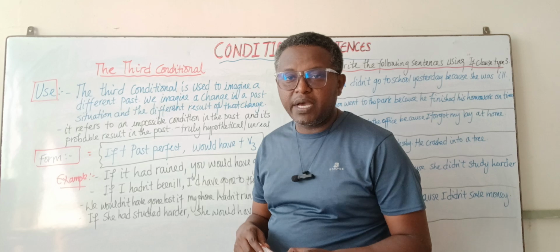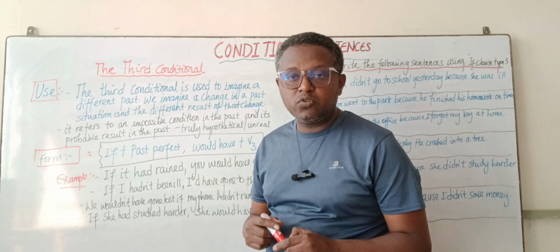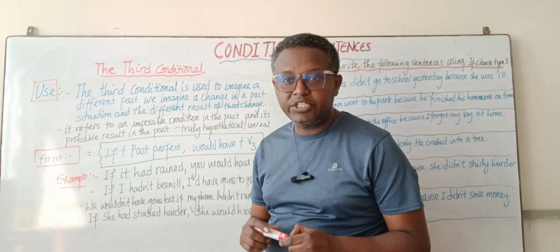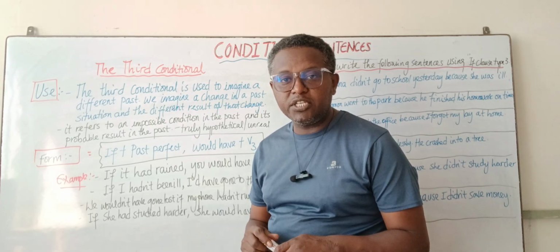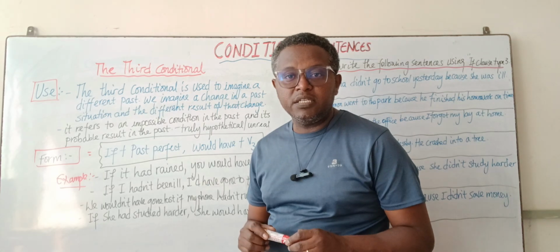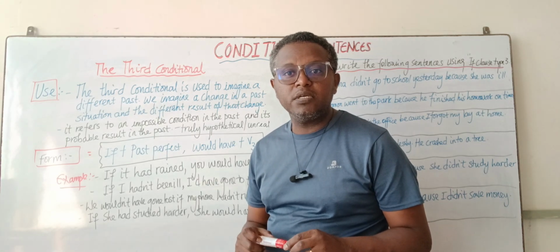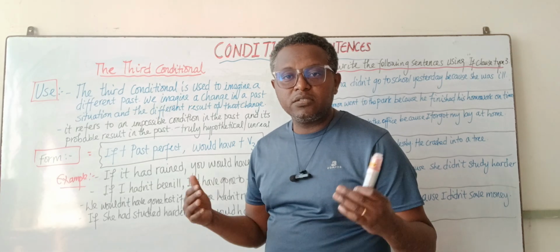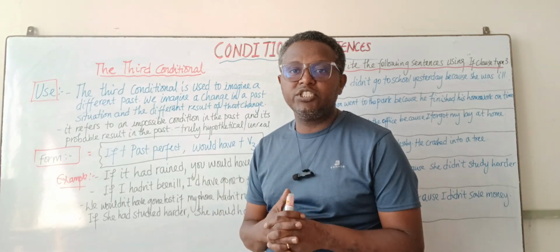We'll see them one by one, but just to review the previous conditionals: conditional type 0, we said, is used to talk about facts or general truths and to create a kind of relationship.